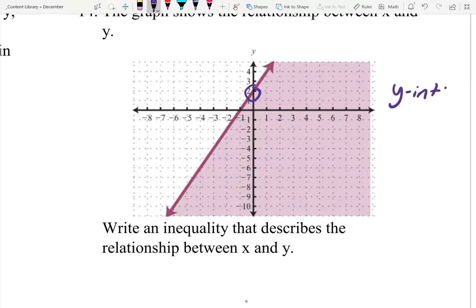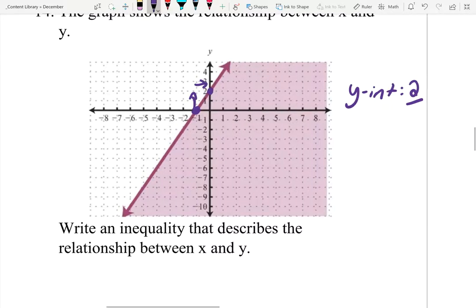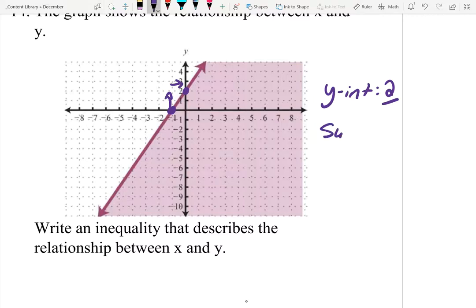So that's a clue that we need. And if we also look carefully, we'll identify that the slope seems to be going up 2 and right 1. So the slope seems to be 2 over 1, right? Up 2 and right 1. So our y-intercept is 2.